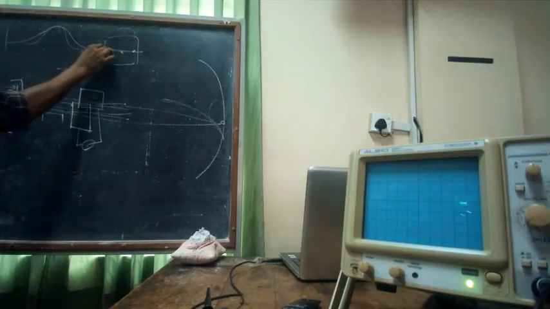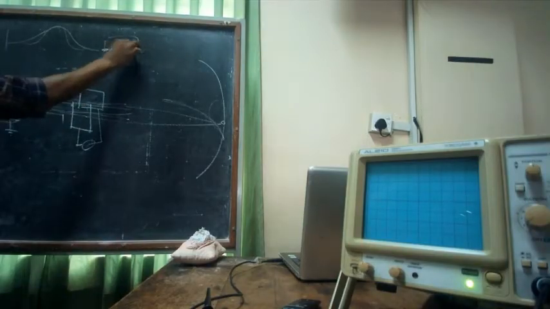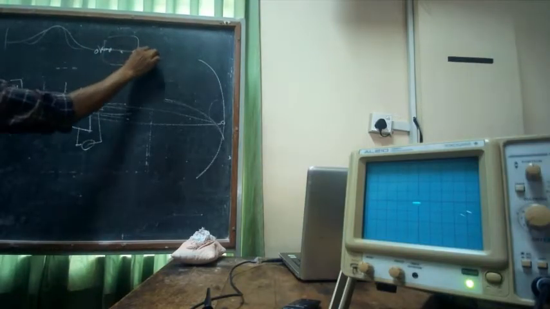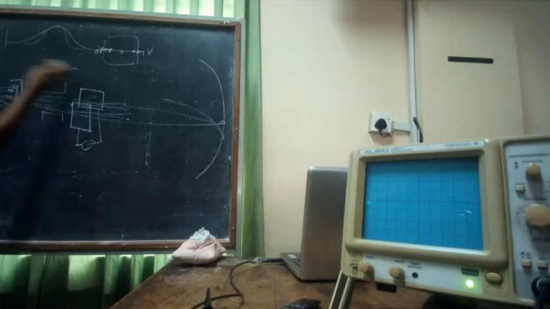Say for example at 0 volts it hits here, at 1 volt it hits here. You can control it like that, right? So each position corresponds to one single voltage, right? So that is what you do here. Okay, so that is the horizontal control.